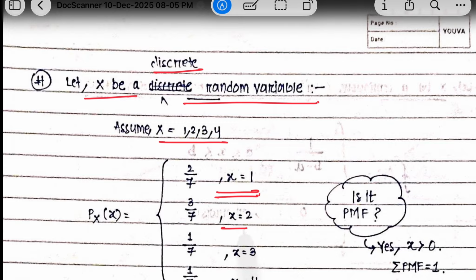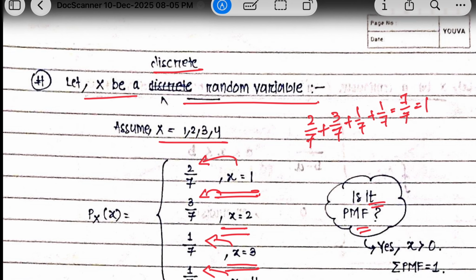The probability of x equal to 1 is 2 by 7, equal to 2 is 3 by 7, equal to 3 is 1 by 7, equal to 4 is 1 by 7. So 2 by 7 plus 3 by 7 plus 1 by 7 plus 1 by 7 is 7 by 7, that is 1, as the PMF sums to 1.